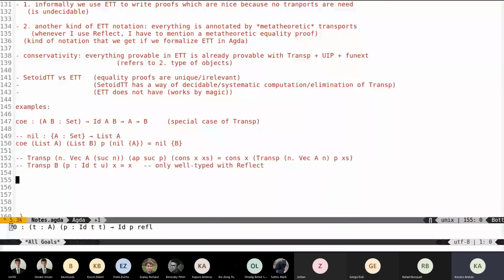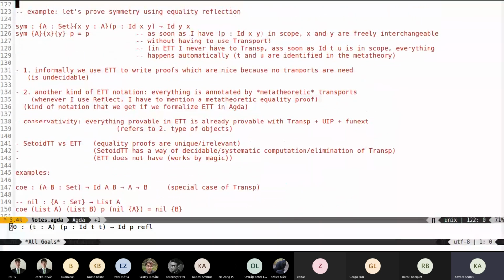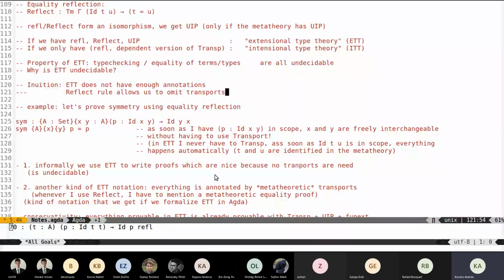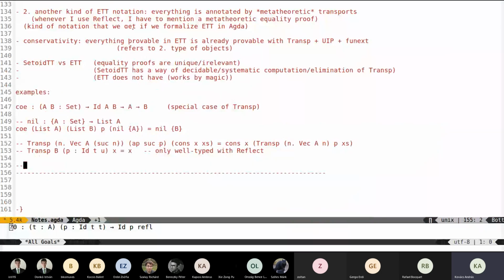Okay, so here I thought of some intuitive reasons why ETT is not decidable. But let's look at a concrete example, or maybe a concrete proof of undecidable equality of ETT terms.